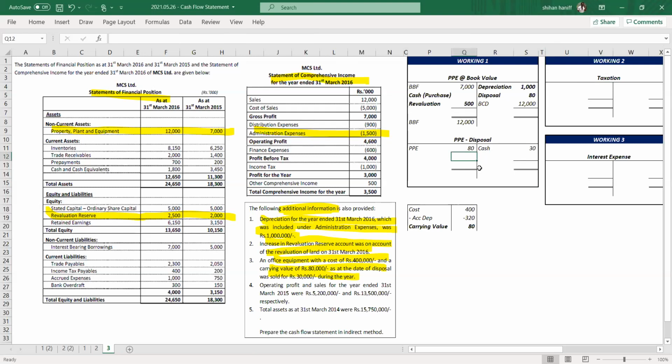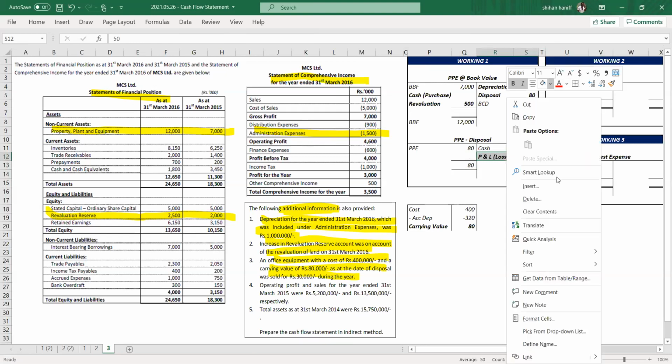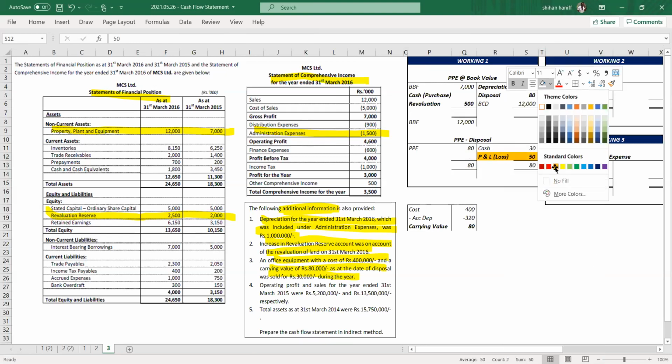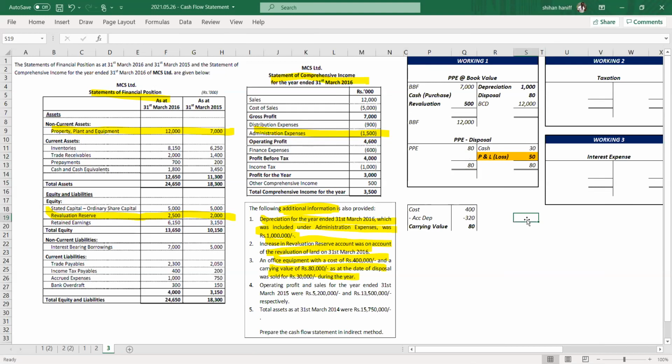So 80,000 worth of asset, if we are selling at 30, that means there is a loss of 50. 80,000 worth of equipment, if we are selling at 30, there is a loss of 50,000.